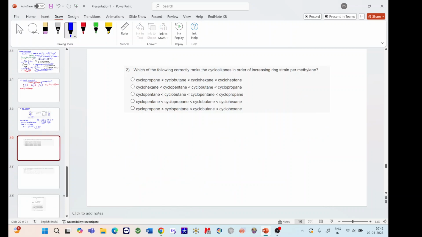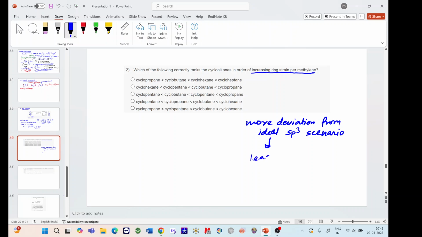It asks which of the following correctly ranks the cycloalkanes in order of increasing ring strain per methylene. What I told you is that if you have more deviation from the ideal sp3 scenario, that will lead to more strain.